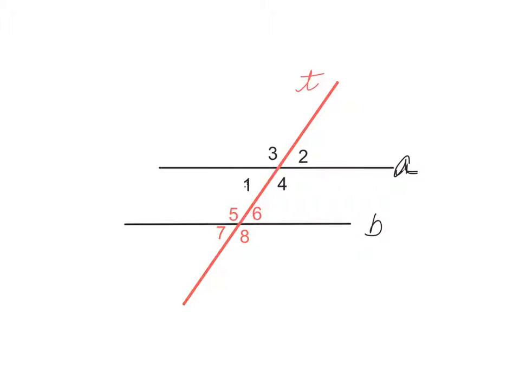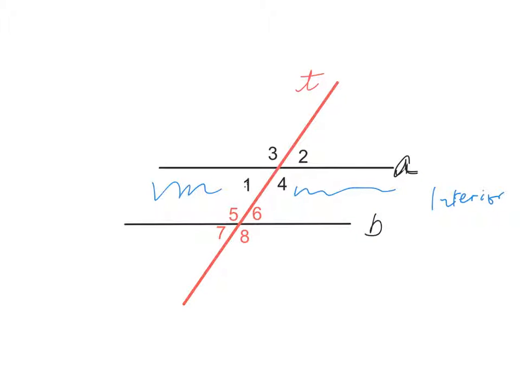Now out of these 8 angles, there are some relationships here. Let me go back to this transversal. You notice that there is something called alternate interior and alternate exterior angles. When we have two lines like this and a transversal cutting through, the space between the two lines is called interior.